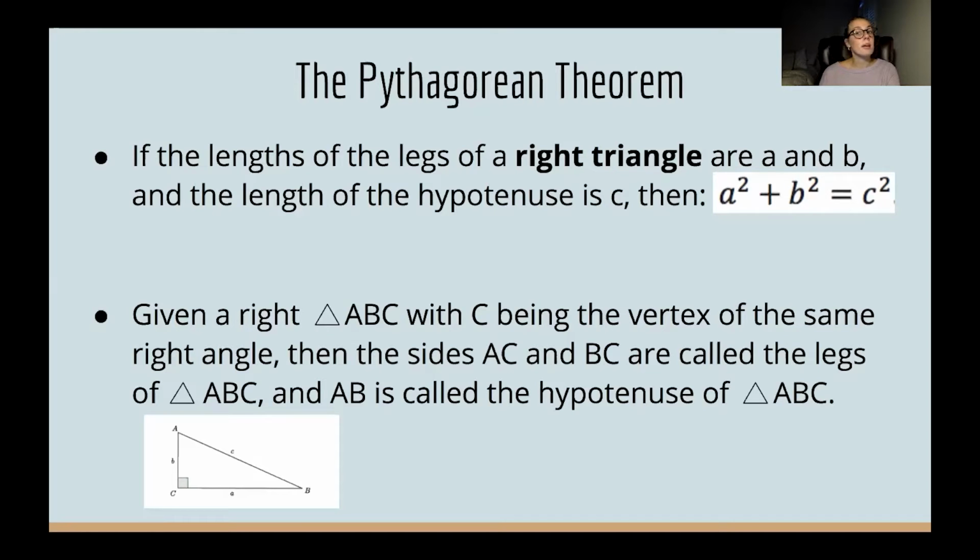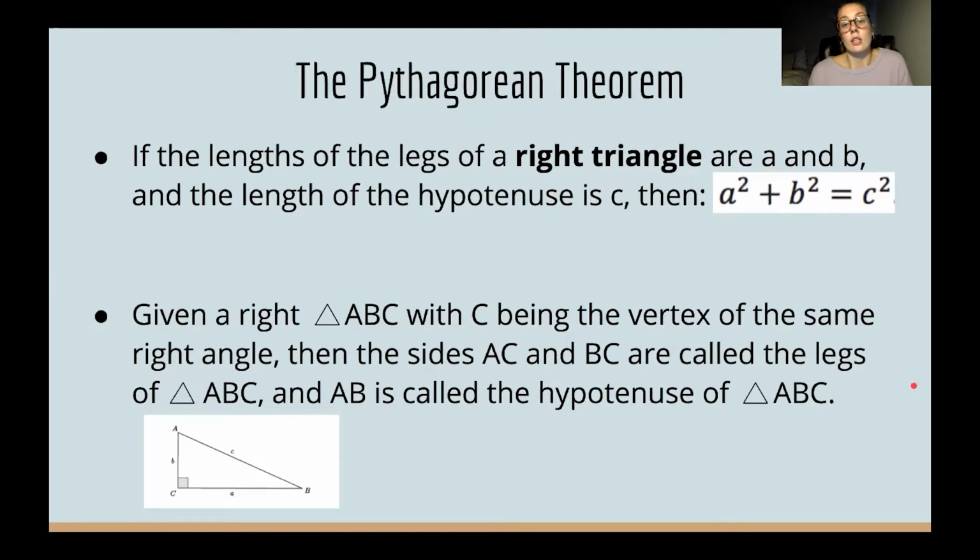Okay, so that might seem like a lot, but we know that for this theorem to be true, it has to be a right triangle. I've bolded that. And then the legs consist of A and B, and our hypotenuse, which is going to be the longest side of the triangle, is going to be C.